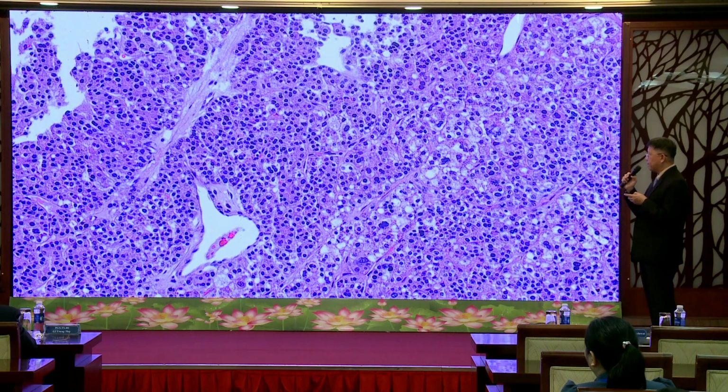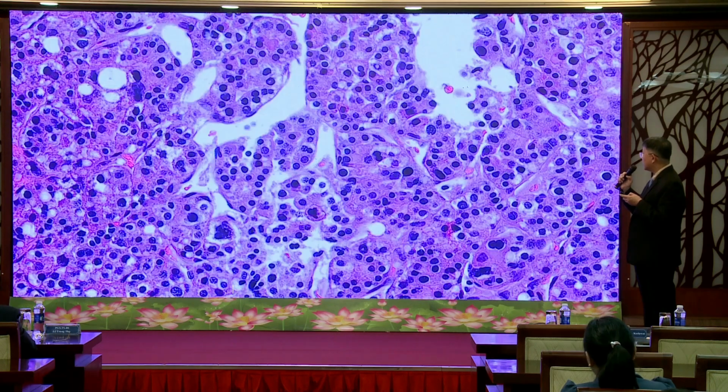You cannot think of any typical tumor of this location. The tumor has a solid pattern of growth, and in some areas it looks a little bit like a trabecular pattern.